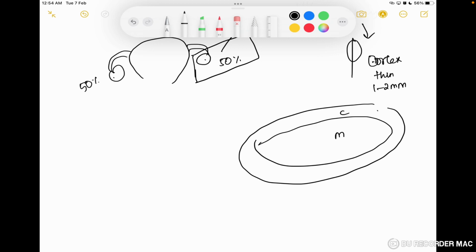Most of the primordial follicles, 90% of primordial follicles, lie in the outer 1 to 2 mm of this cortex. So when we preserve this layer, we are taking more of the primordial follicles. These are capable of converting into primary follicles and leading to successful IVF conception.